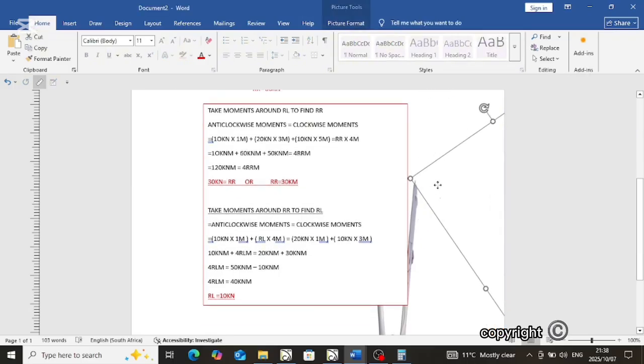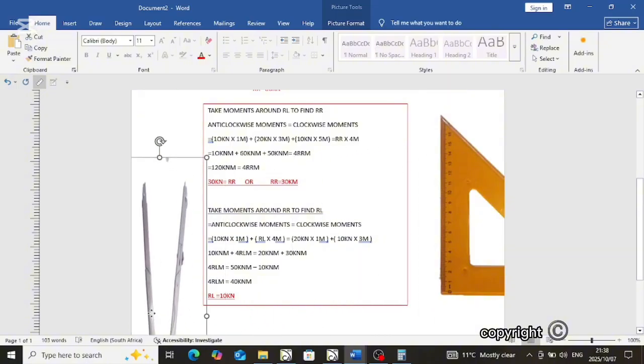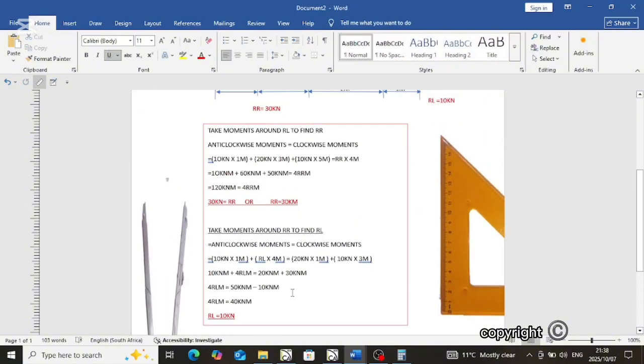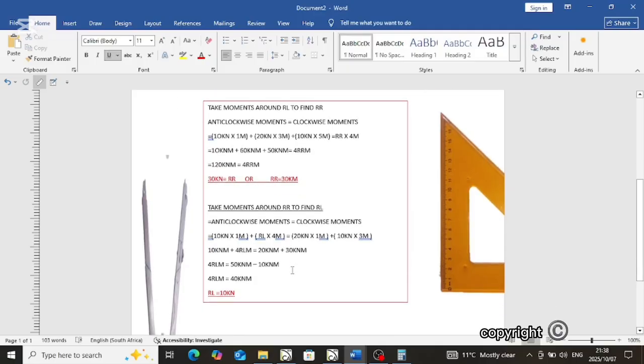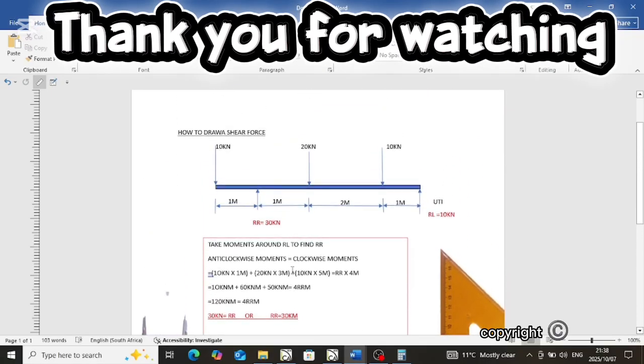Okay, like this. So this is how we calculate reactions. Thank you for watching. Until we meet next time doing shear forces.